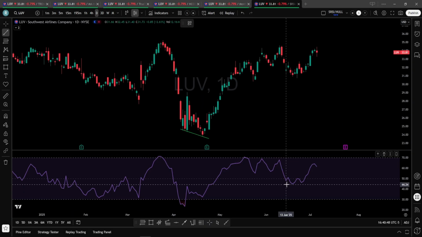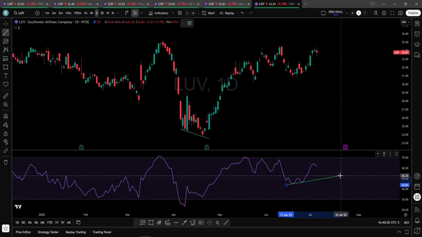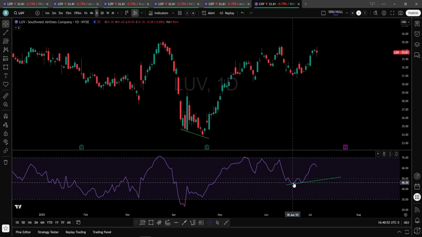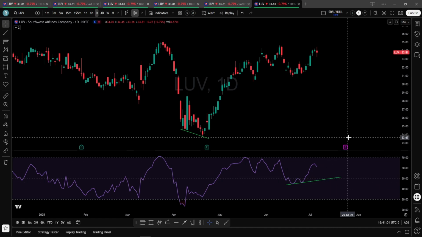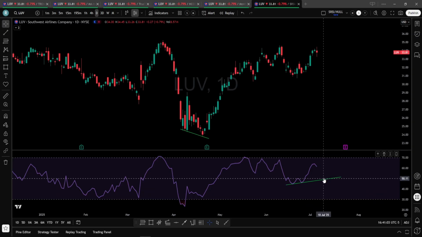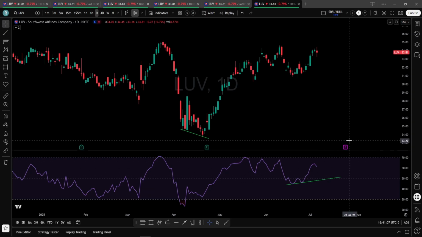So I might anticipate, I might start to put this trend line right here, for example. It's already gone once, gone twice. It could prove to be support. And if it breaks below it, I'm going to be looking for the RSI to be going lower. If it comes here and starts curling up, I'm going to expect the RSI to be going up.